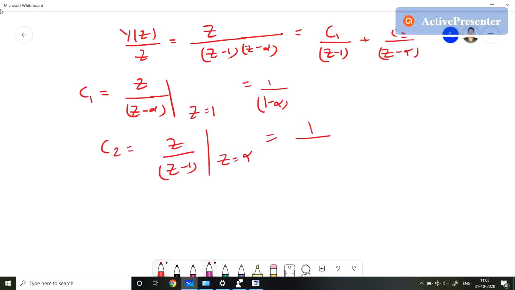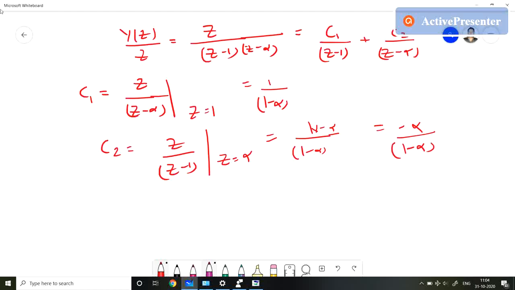So it is equal to alpha divided by alpha minus 1, so basically we have minus alpha divided by 1 minus alpha.